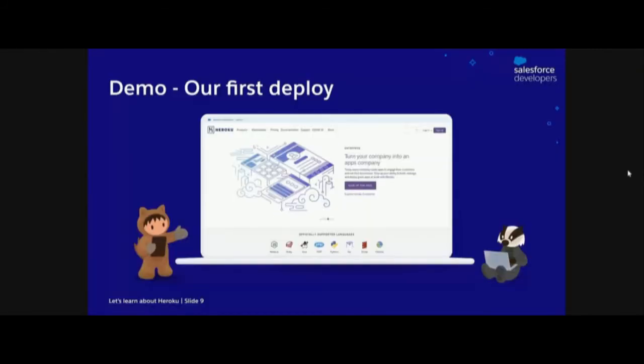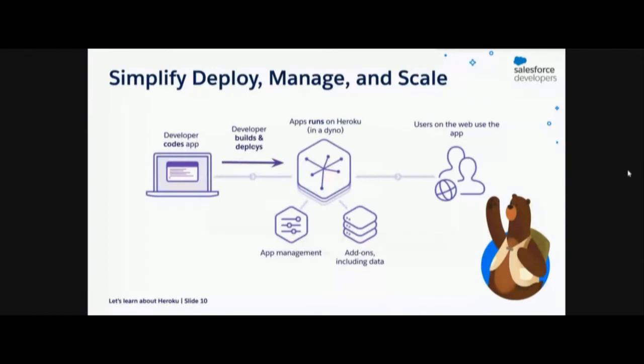So continuing with our talk, what we did is pretty much simplify the deploy, management, and scaling of your application. So you as a developer focus on coding your application, you focus on the code, and then you build the application and deploy it to Heroku.